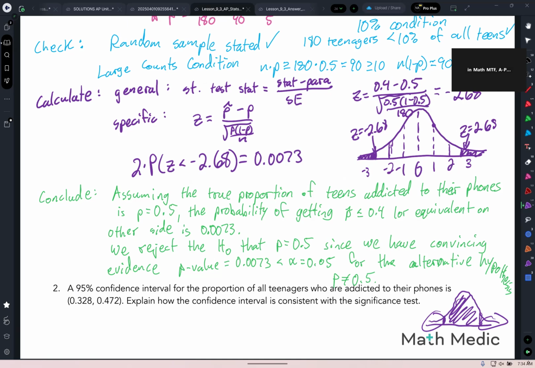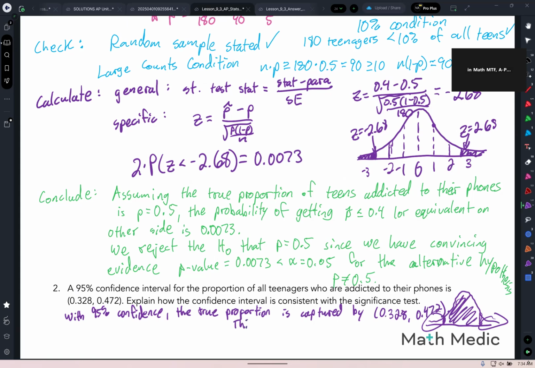All that to say, though, with 95% confidence, the true proportion, and I'm leaving out context because of, again, room and time, is captured by the interval 0.328 to 0.472.